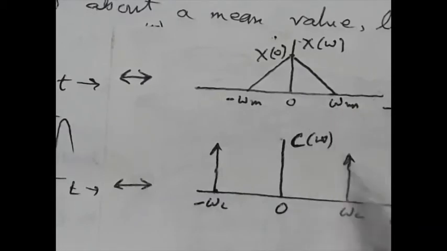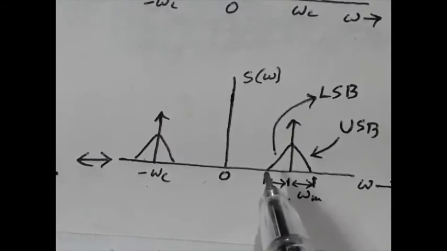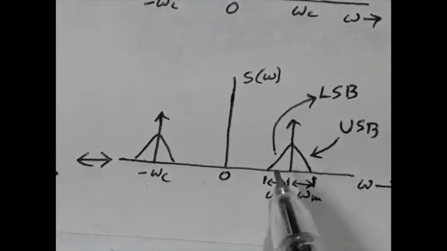So if ωm is the maximum cyclic frequency, then the corresponding linear frequency will be fm hertz. So the bandwidth of this AM signal will be twice fm hertz.